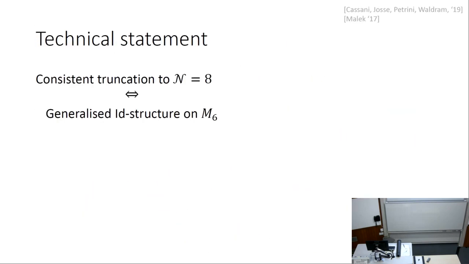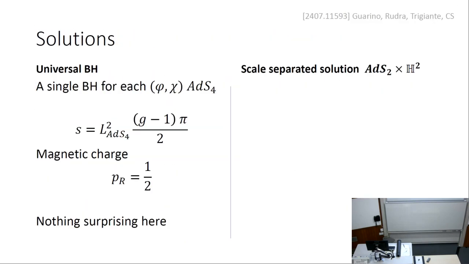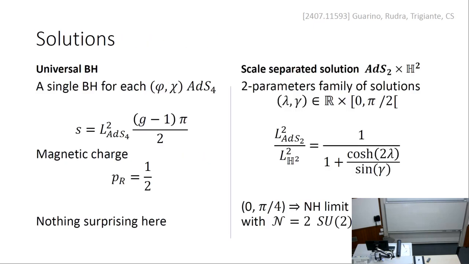Well, I think one thing which is important is that the scale separated solution here is not completely connected to a black hole, so we cannot necessarily make it a black hole. What we believe is correct, and I don't want to set it in stone, is that these solutions are actually going into some CFT3, and we know that this CFT3 can be understood as the fixed point of super Yang-Mills on a circle.